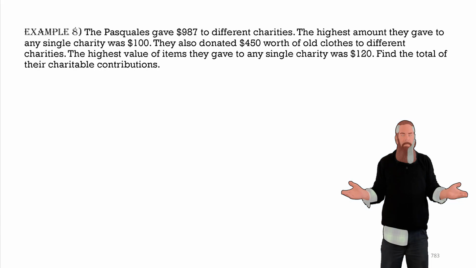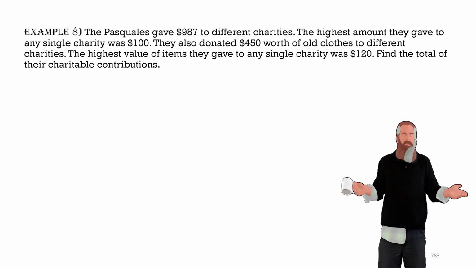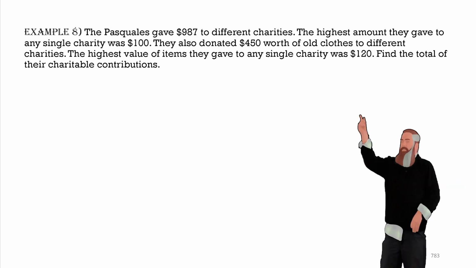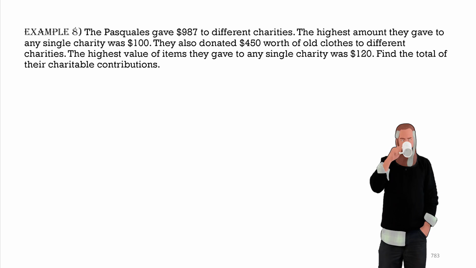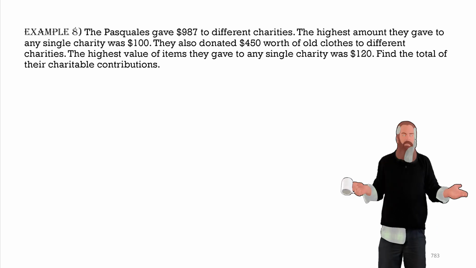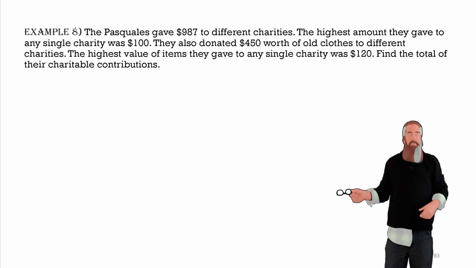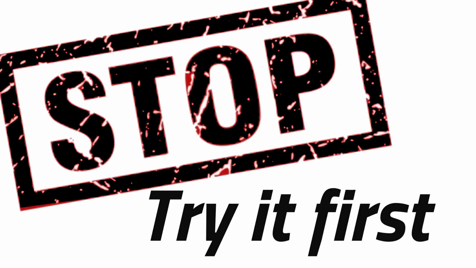The Pasquales gave $987 to different charities. The highest amount they gave to any single charity was $100. They also donated $450 worth of old clothes to different charities. The highest value of items they gave to any single charity was $120. Find the total of their charitable contributions.